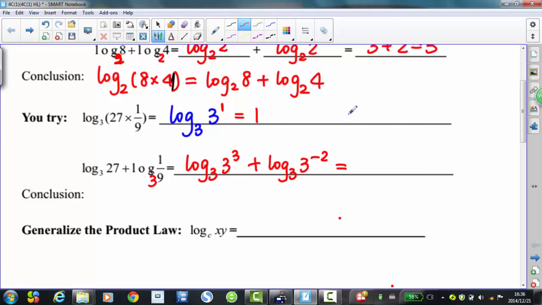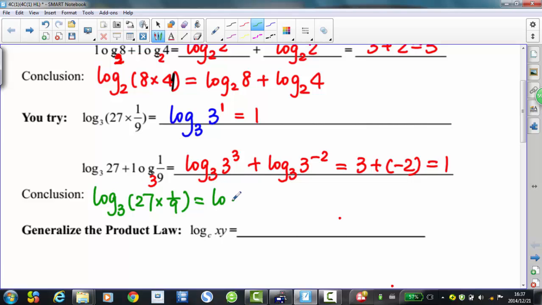So based on the log identity, this one is 3, then plus this second log value, negative 2. 3 plus negative 2 is 1. We find that in this case, log 3, 27 times 1/9, I also can split this product into the adding of two logs. So one is log 3, 27, plus the other one is log 3, 1/9.